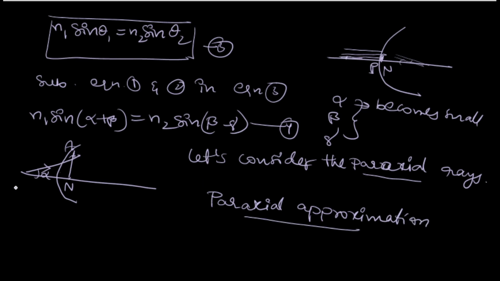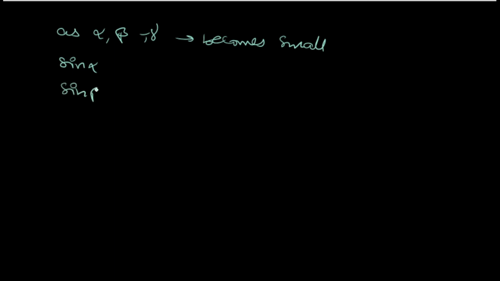So as alpha, beta and gamma become very small, for small angles, sine alpha, sine beta and sine gamma: sine alpha will be equal to alpha, sine beta will be equal to beta, sine gamma becomes gamma, for small angles.